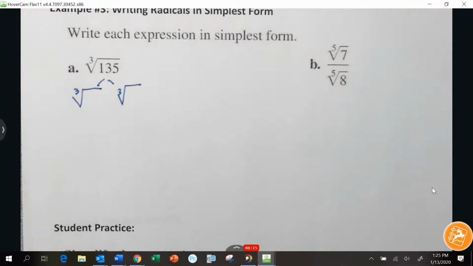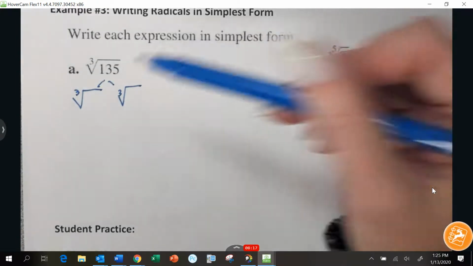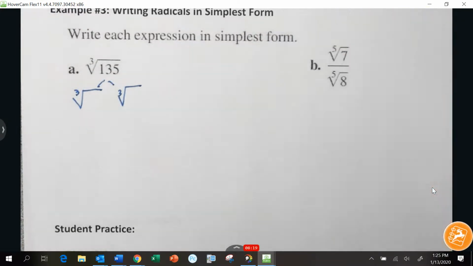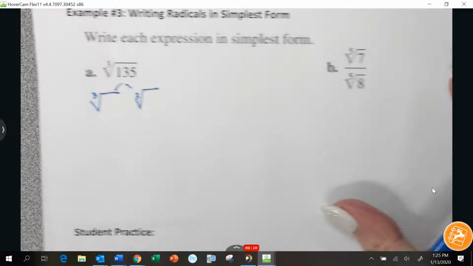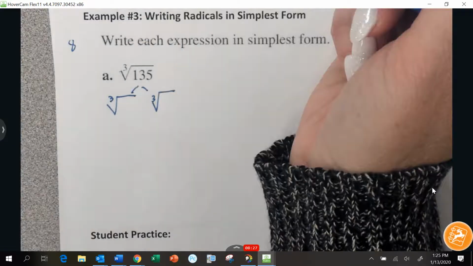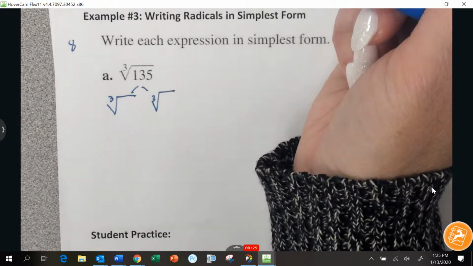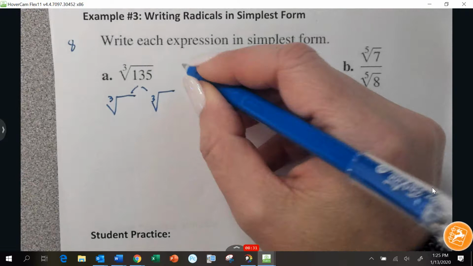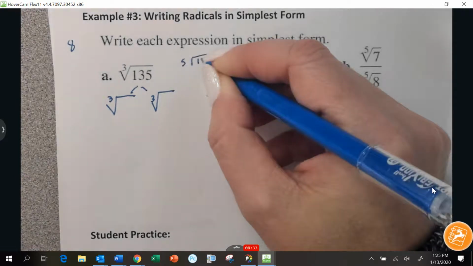So your goal is to find what goes into 135. So we start thinking about perfect cubes. A number that goes into 135 that you know for sure is 5. How many times does 5 go in? This might be easier to do this way.